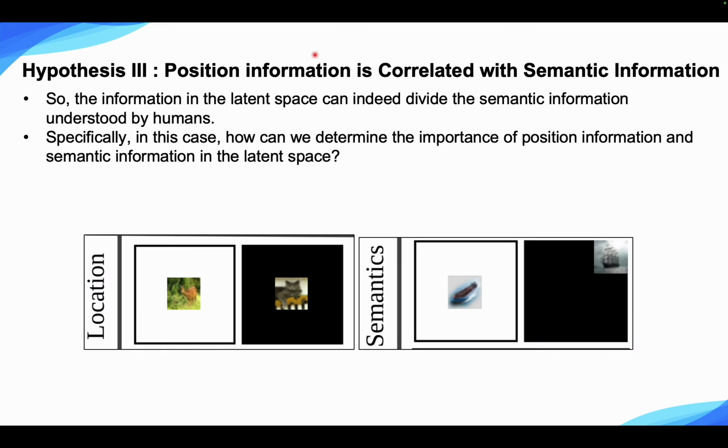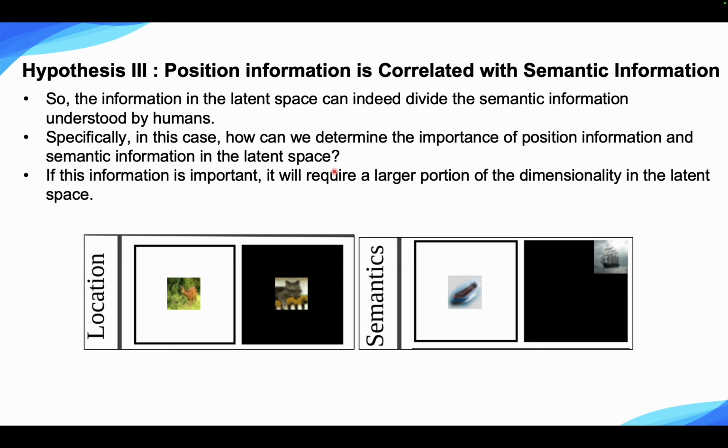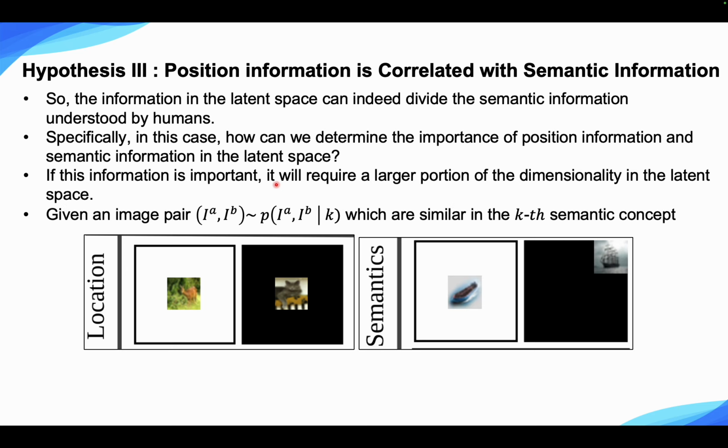But how can we verify this hypothesis? To be specific, in this case, how can we determine the importance of the position information and the semantic information in latent space? If the information is very important, it will require a larger portion of the dimensions in the latent space.